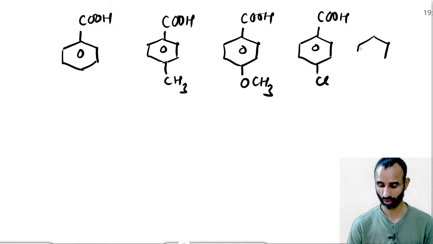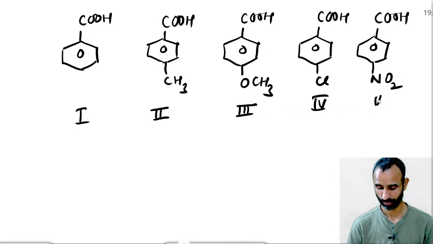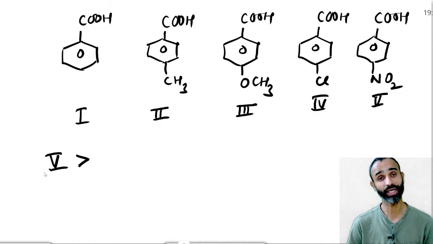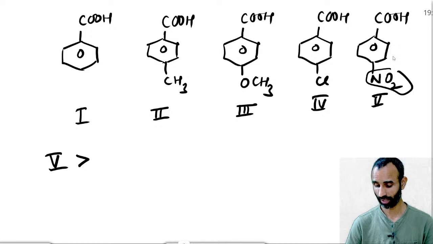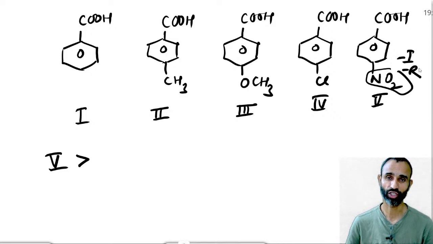What is the order of acidic strength? Nitrobenzoic acid will be most acidic, because it has minus I as well as minus R, means it is strongly electron withdrawing in nature.